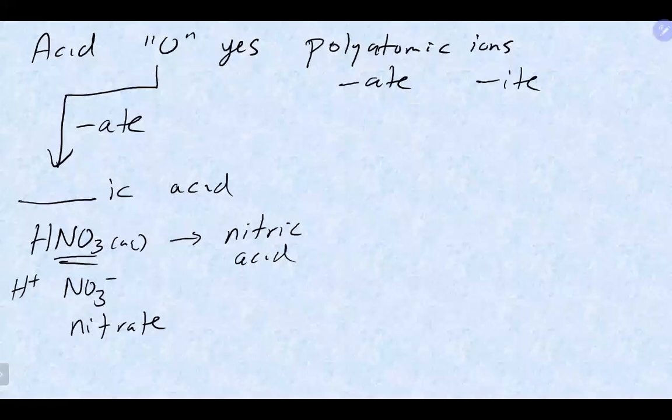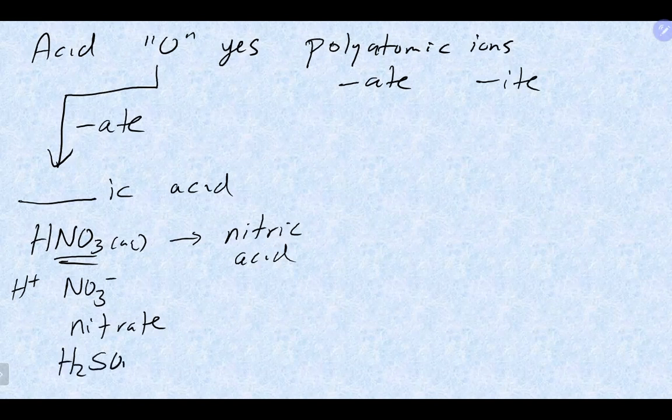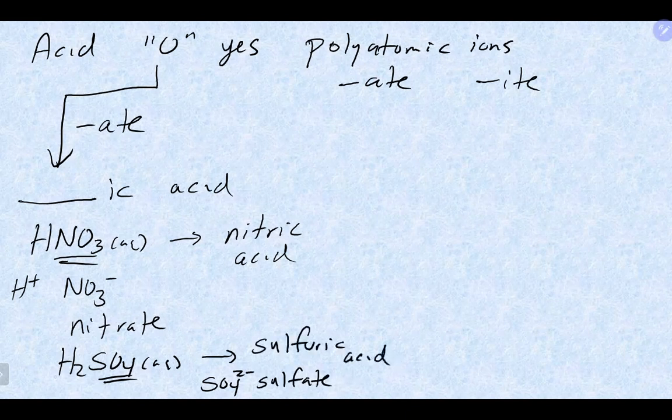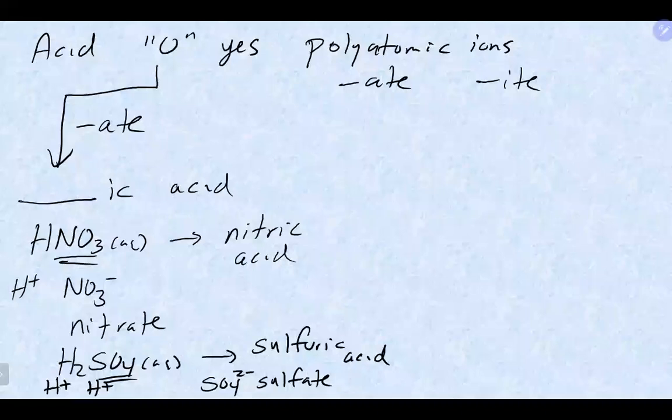If I take H2SO4, SO4 is SO4 2 minus, which is sulfate. This would be sulfuric acid. The cation here is H plus. That's why there's 2 of them, to balance out the charge on the sulfate. You need 2 positives there, right, to balance out the -2 on the sulfate. Again, no charge when you put it together.